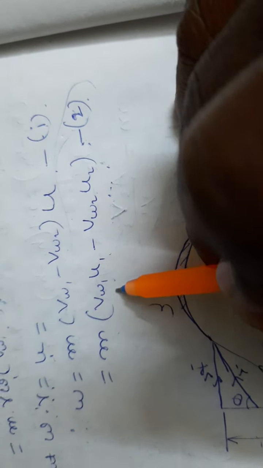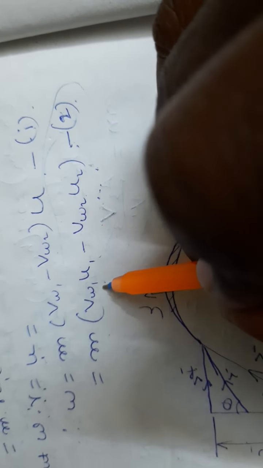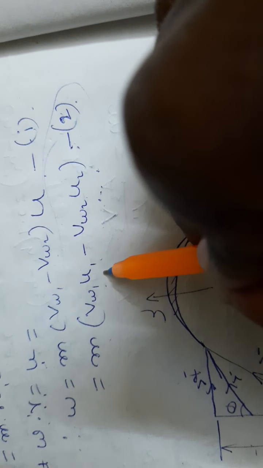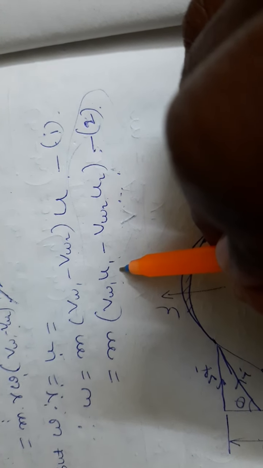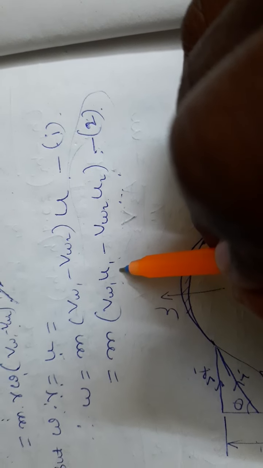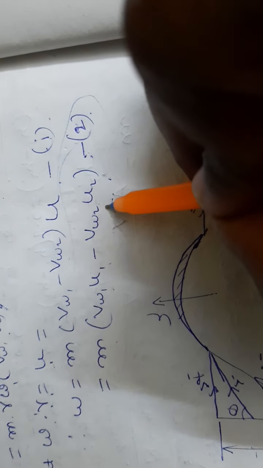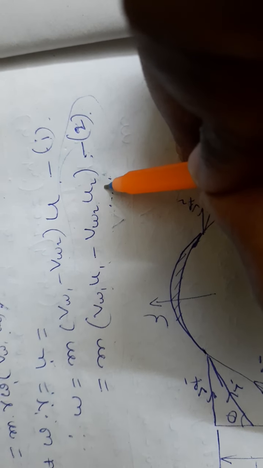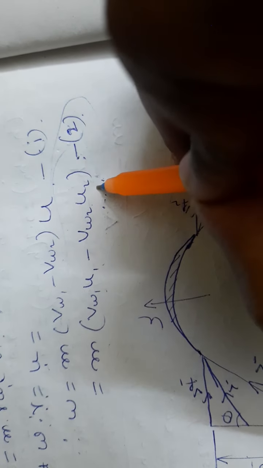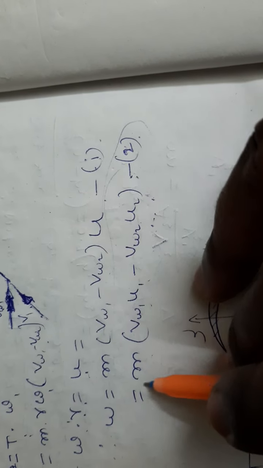That is, the inlet whirl velocity into the inlet blade velocity, minus the whirl velocity at outlet into the outlet blade velocity. This equation is also known as Euler's equation.